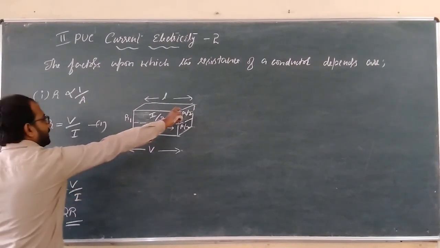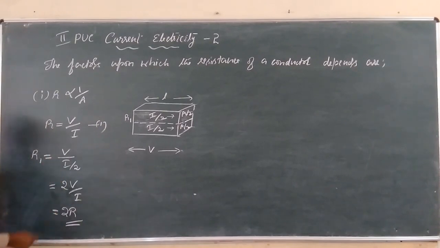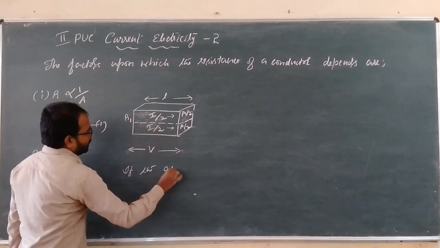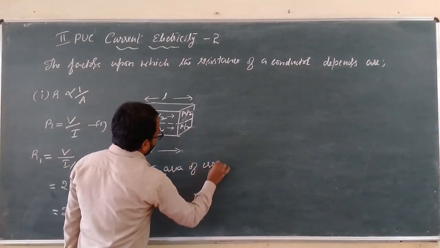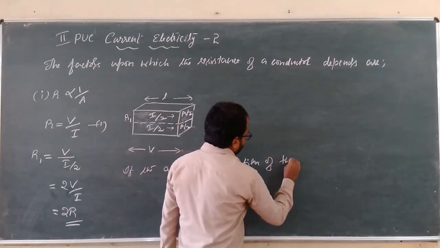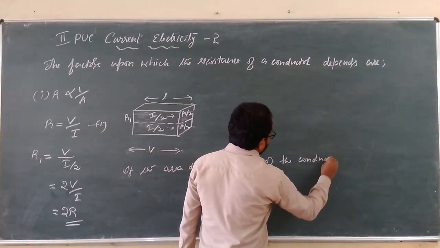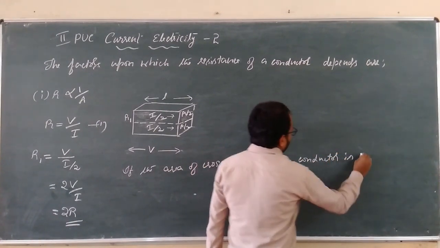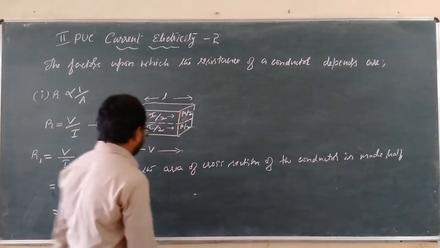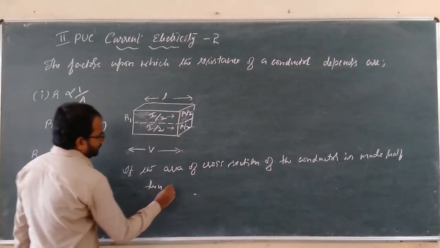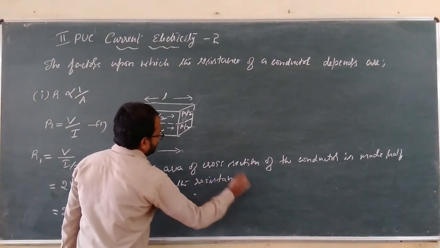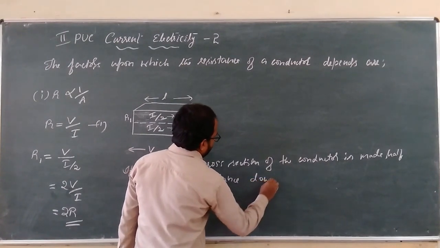So you are decreasing the area of cross section, thereby you are increasing the resistance. So I can conclude now, if the area of cross section of the conductor is made half, then the resistance of the conductor gets doubled.